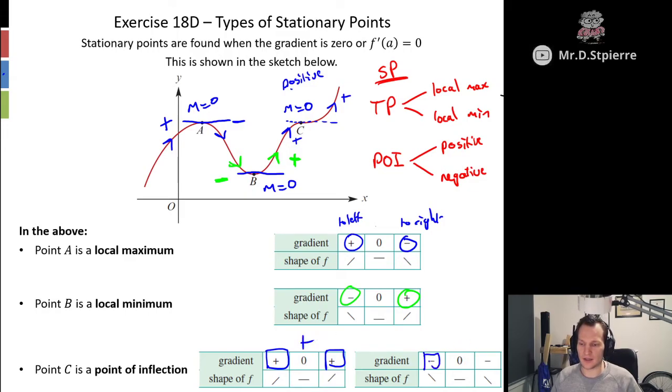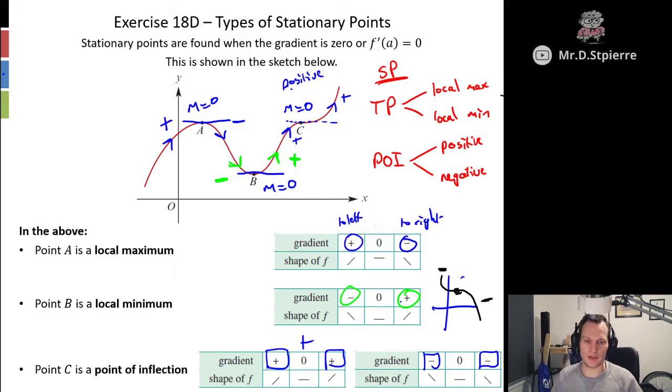And then for a negative one, just doing a little rough sketch, if we had something like that and we had a point of inflection right there, to the left is negative, to the right is negative. That would be what we're nicknaming a negative point of inflection, because to the left and to the right of it the gradient is negative.